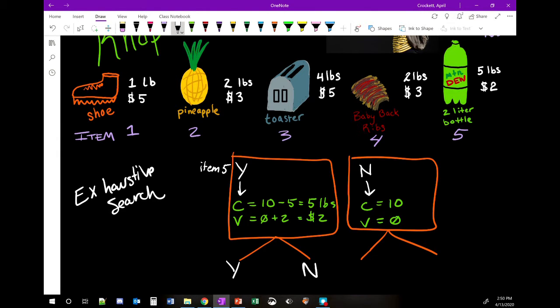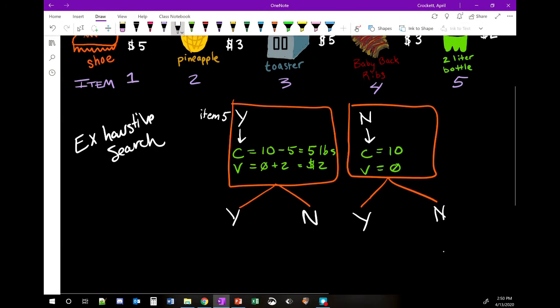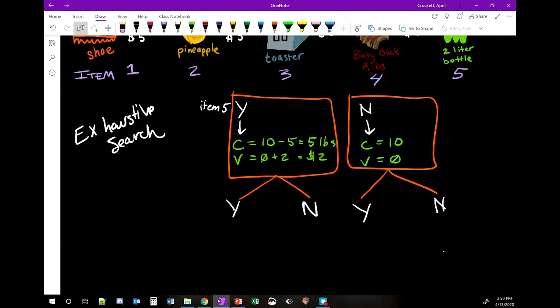So now we have 4 possible branches that led us here by making these decisions. I could have said yes to item 5, yes to item 4; yes to item 5, no to item 4; no to item 5, yes to item 4; no to item 5, no to item 4.